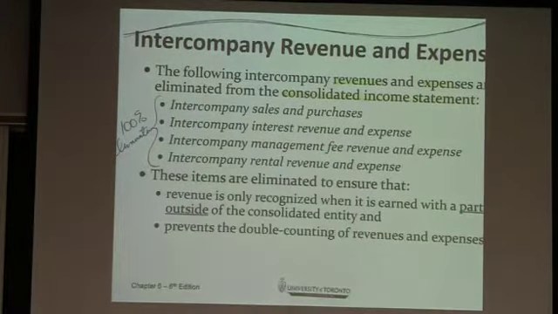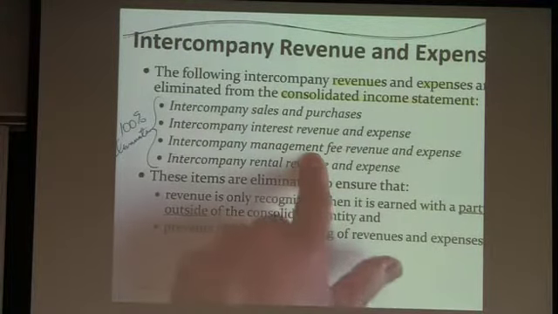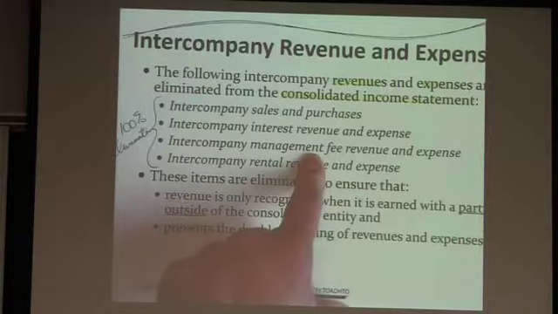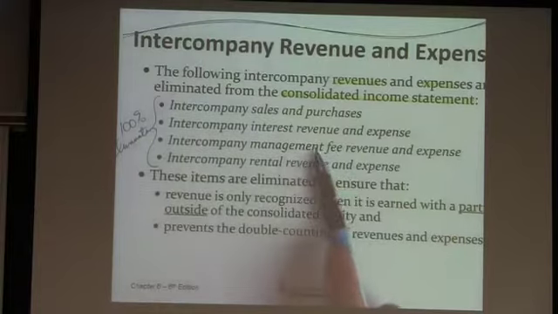Oftentimes there are a lot of service level agreements between parent and sub, whether parent is doing the HR aspect or the IT aspect for the entire subsidiaries, or the marketing efforts for the entire operations are done by the parent, there has to be some sort of charge between the two. And of course, this is governed by transfer pricing issues and management accounting issues as well regarding what is the appropriate level of transfer price. We're here just to note that we're going to eliminate the management revenue and expense if we see them.